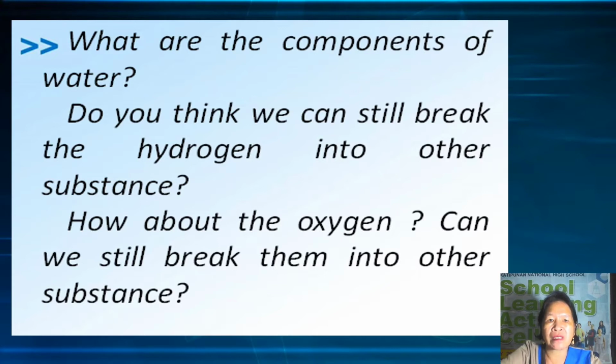If you say that the components of water are hydrogen and oxygen, then you got it right. Do you think we can still break the hydrogen into other substances? How about the oxygen? Can we still break them into other substances? The answer is no. We cannot break the hydrogen and oxygen into another substance.